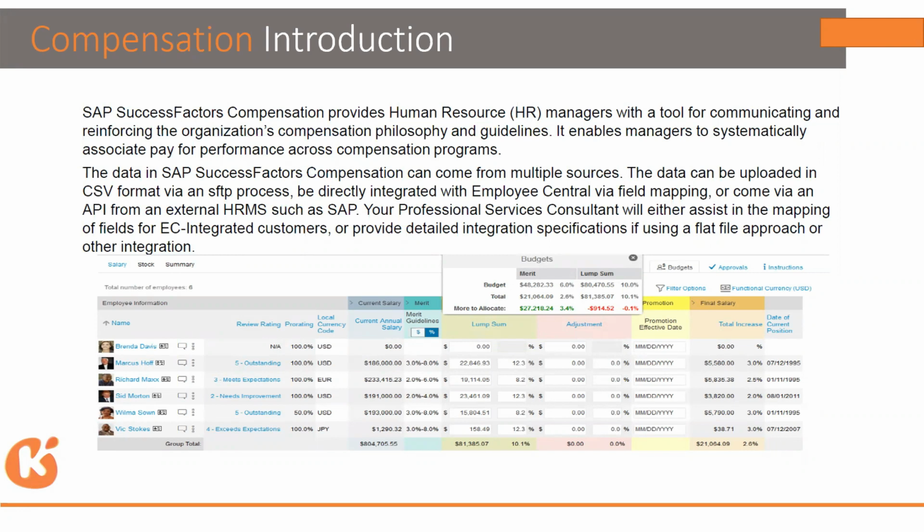Then you also see there is functional currency. There are various types of currency available, like functional currency, your local currency, and your manager currency. Functional currency is nothing but the head office currency.